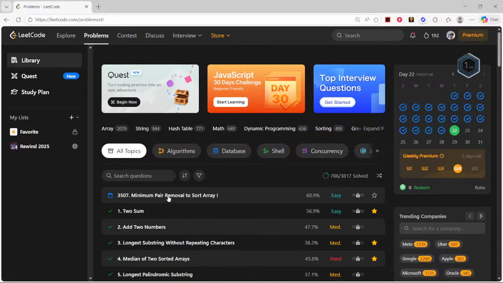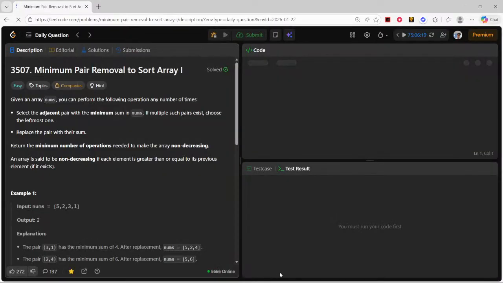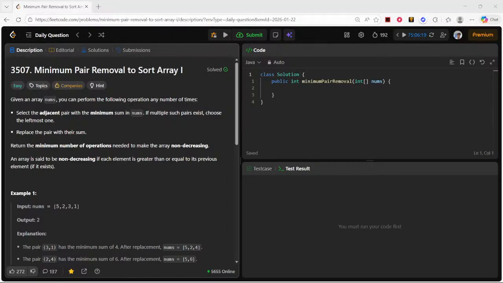Right. Let's do the problem of the day question: Minimum Pair Removal to Sort Array.